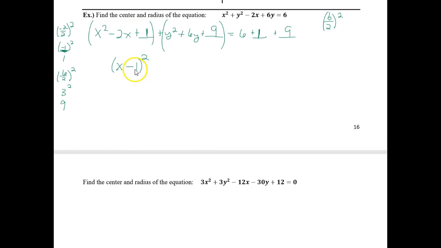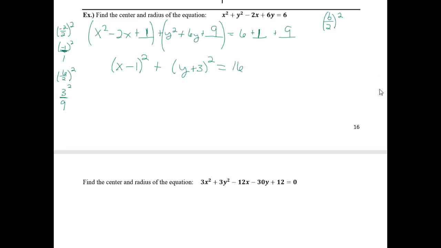Negative 1 plus negative 1 is negative 2. Same thing with the y. So y, this value before we square it was positive 3 squared. 3 times 3 is 9. 3 plus 3 is 6. So that checks out as well. We add together the values on the right-hand side. 6 plus 1 plus 9 is 16.